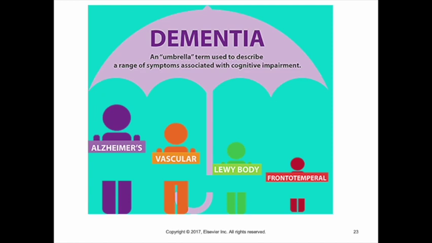These proteins are called alpha synuclein proteins, and the deposits, which we call Lewy bodies, affect chemicals in the brain that change our ability to think, move, how we behave, and our overall mood. Lewy body dementia is one of the most common causes of dementia, and at the site of atrophy, you're going to see changes in frontotemporal areas as well.